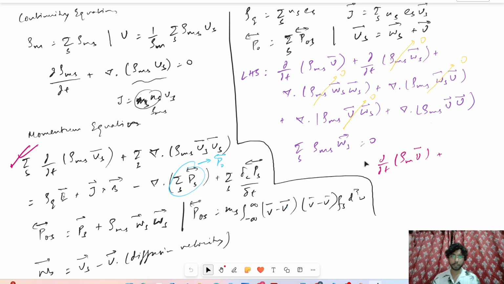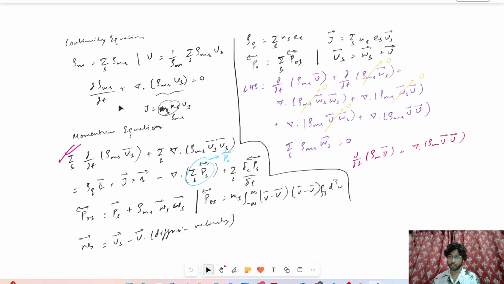plus, let me make some space first, or maybe you can just pretend. So del del T of rho and u plus del dot rho and u bar, and del dot rho and u bar, equals rho QE plus J cross P minus del dot E naught.